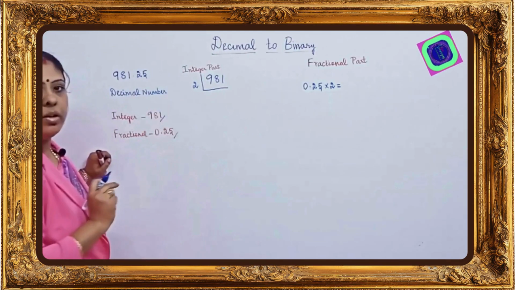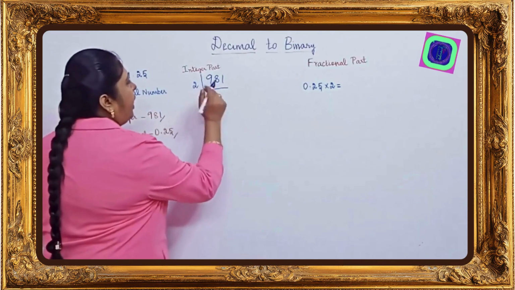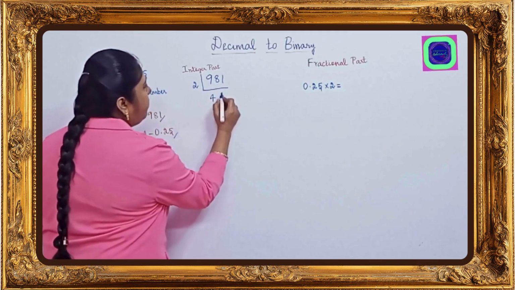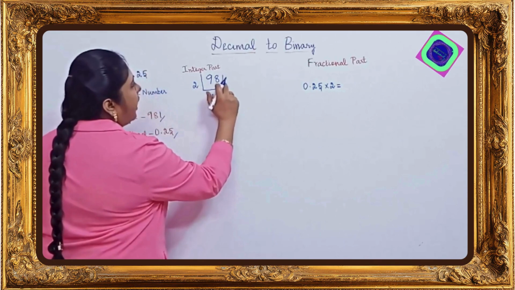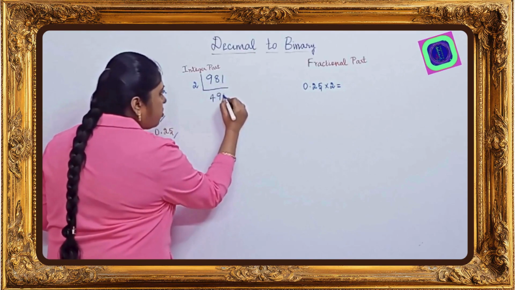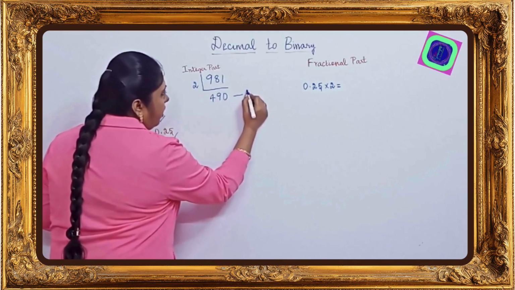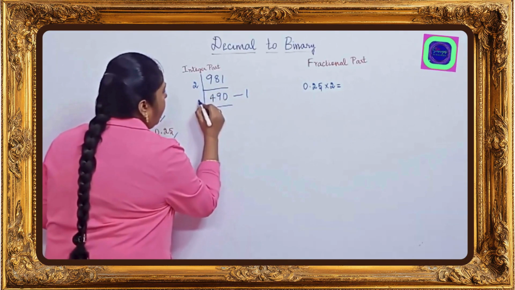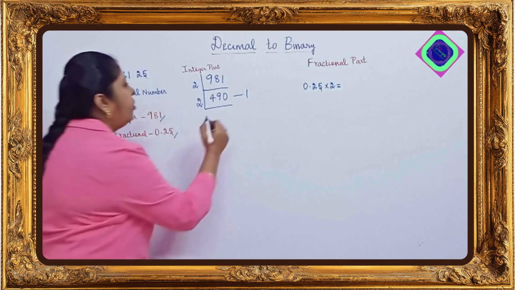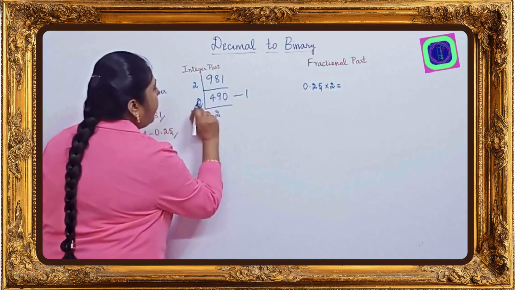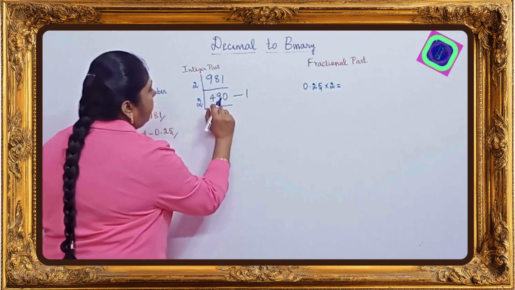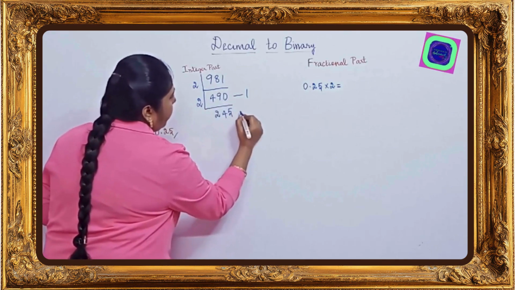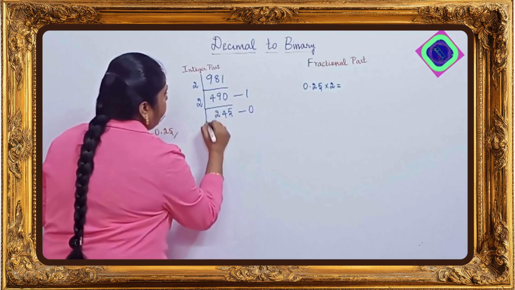Consider 981 divided by 2. 2 4s are 8, 1 remaining, 18, 9. Again 1, it cannot be divided by 2, so 0 with remainder 1. Again divided by 2, 2 2s are 4, again 9, 2 4s are 8, 1 remaining, 1 and 0, 10, so 5, remainder 0.